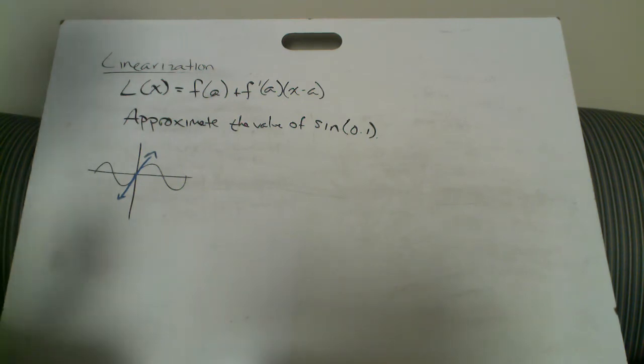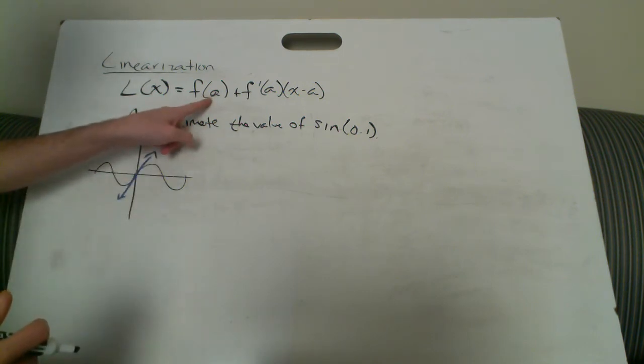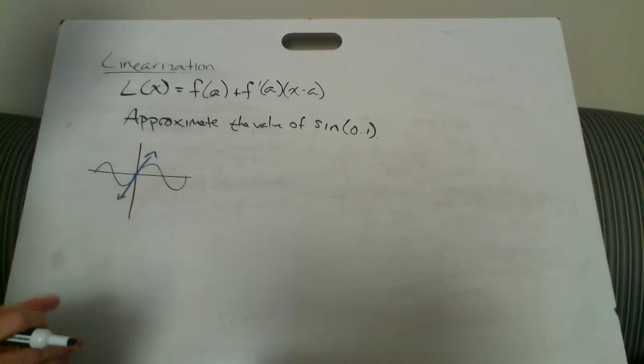So my first goal is I want to pick a value for a. Now you might be tempted to say, oh, a is just 0.1. Now if a is 0.1 though, we're going to have a problem because we don't know the value of sine 0.1. So using 0.1 to approximate it is going to give us the same issue.